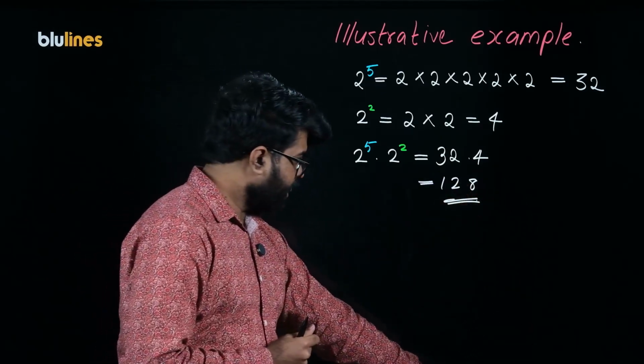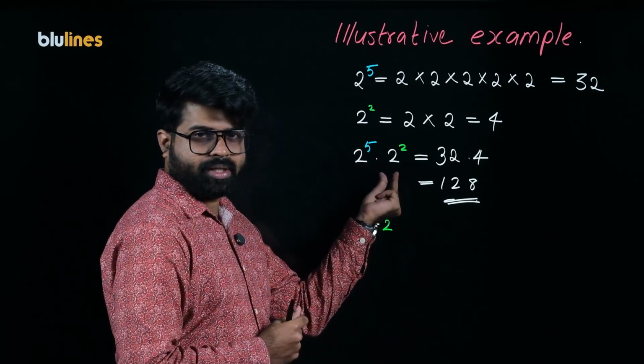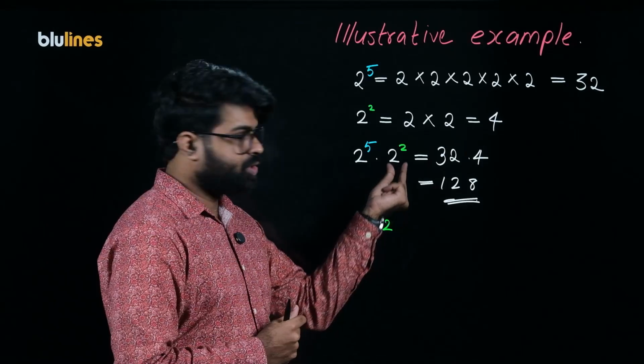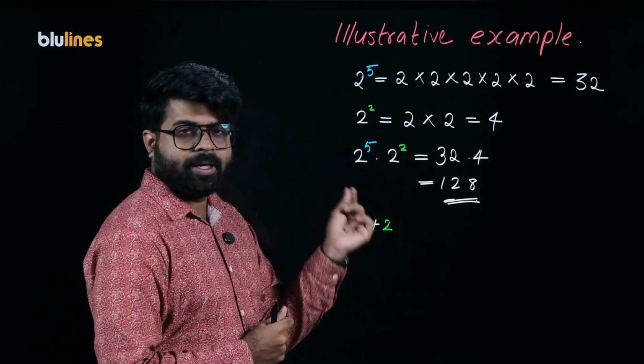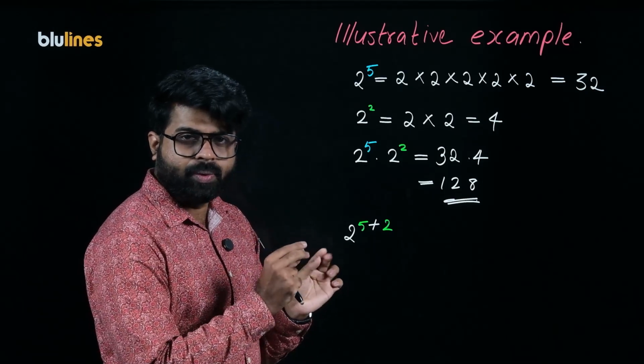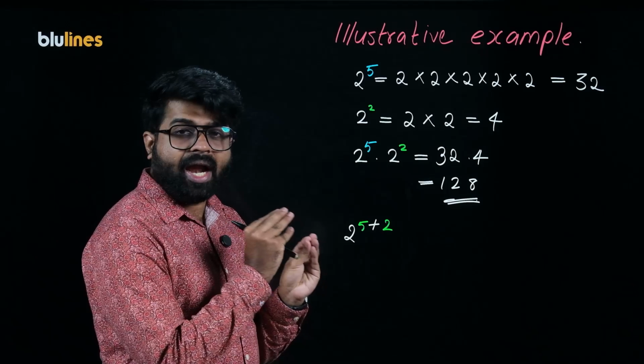In another way, I can do something more. If I have the same base, that is 2 raised to 5 and 2 square, the base terms are the same, so I can add the powers. Here the base term is 2 and 2 and the power terms are different, so no harm, you can directly add the powers.